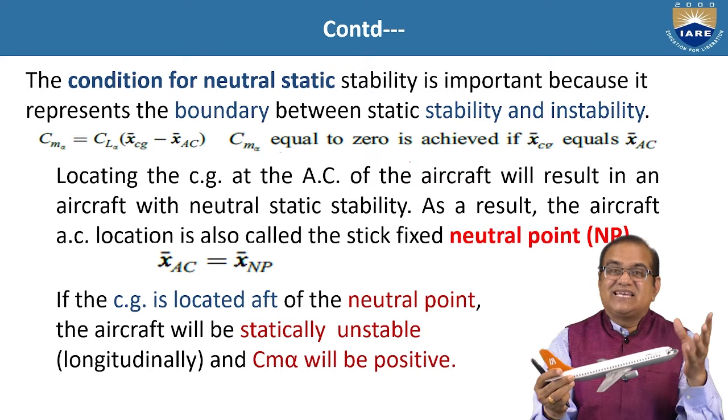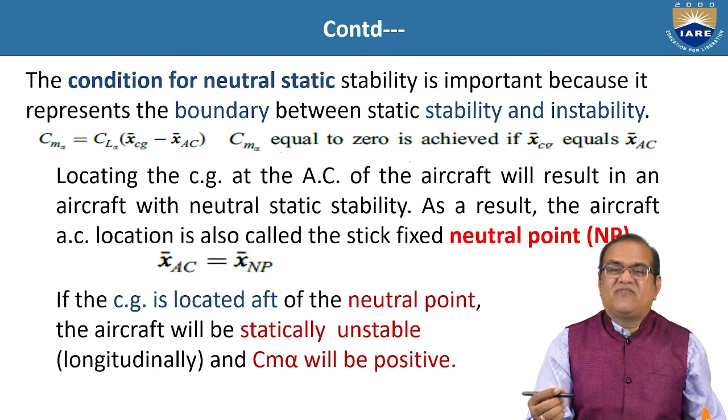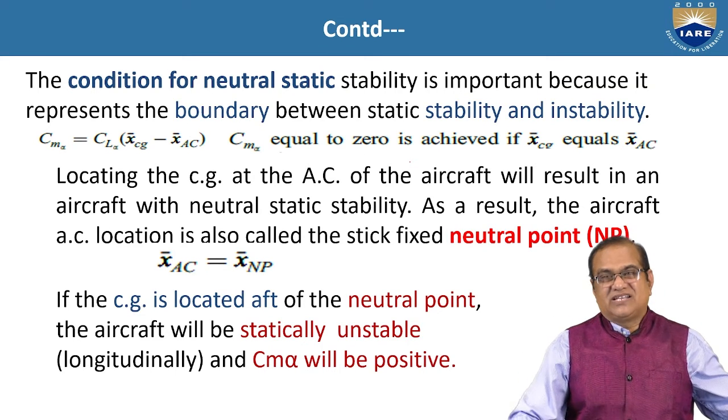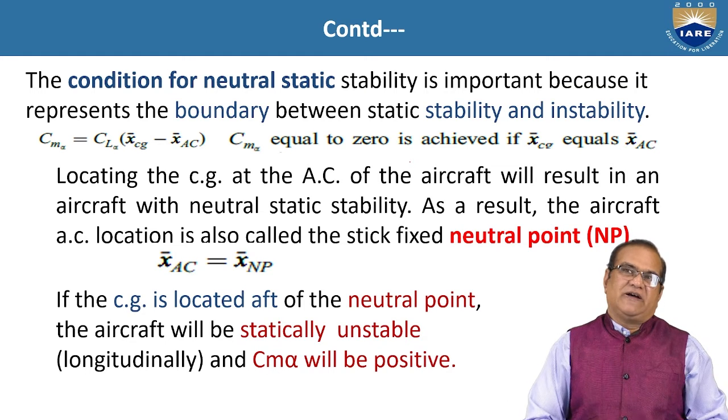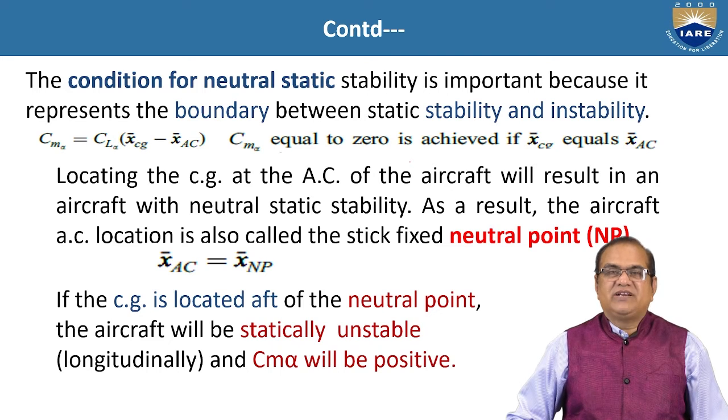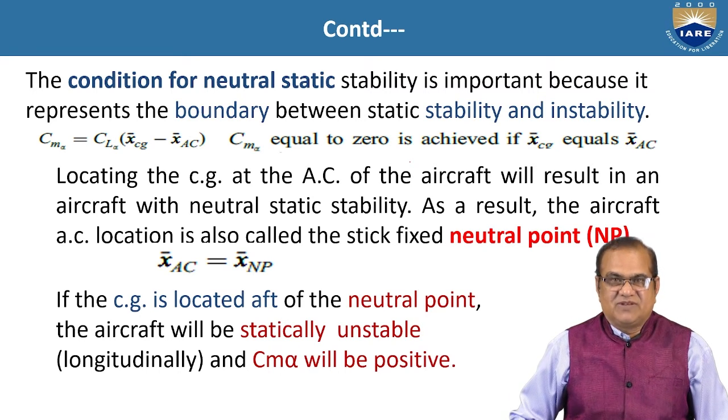And in this case, Cm alpha is equal to the change in coefficient of moment when the angle of attack is changed. And if it is in the positive direction, we say that the aircraft is in an unstable condition. So this is the focus on the neutral point. The neutral point plays a very important role to understand aircraft stability.